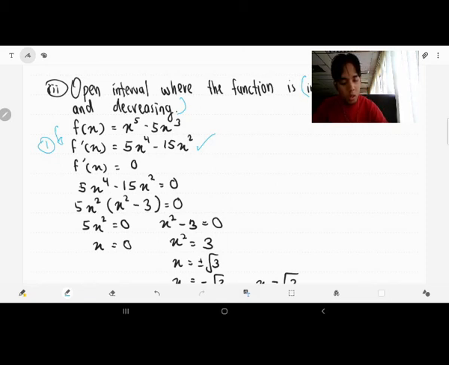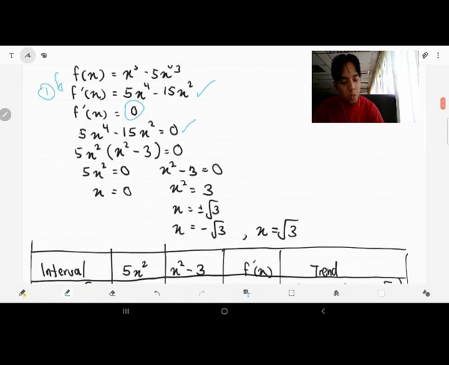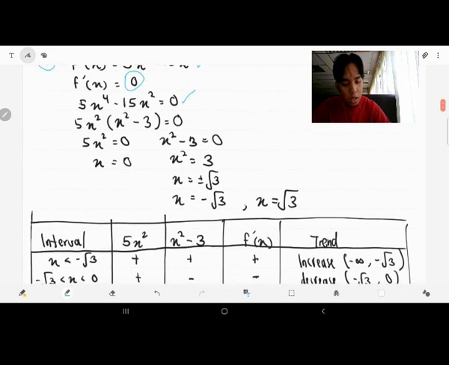Then we take f prime x equal to 0, so we have 5x^4 minus 15x^2. We can simplify by taking out 5x^2, because both can be divided by 5. So we get 5x^2 in the bracket, x^2 minus 3, equal to 0.